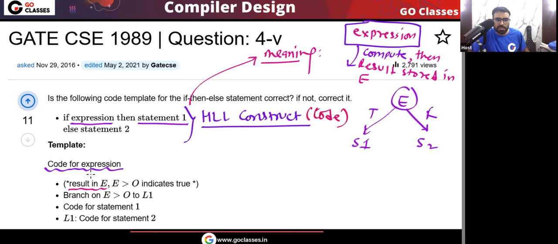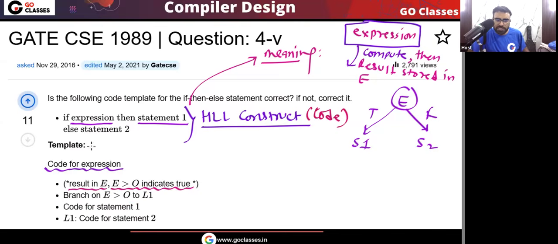You can notice the result of this expression is in E, and the question is saying that E greater than 0 indicates true. So please understand that when I say E is true, that is indicated by E greater than 0. Now we are saying that branch on E greater than 0 means when E is true, because E greater than 0 means true, branch on E greater than 0 to L1.